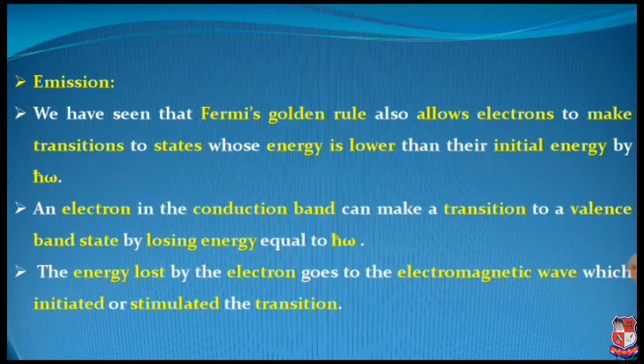When the electron travels in the reverse direction, from a higher energy level to a lower energy level, it clearly indicates the electron is losing energy equal to the photon energy h cut omega. The energy lost by the electron goes to the electromagnetic wave which initiated or stimulated the transition. So the lost energy is utilized by the electromagnetic wave, which we are going to analyze in detail.